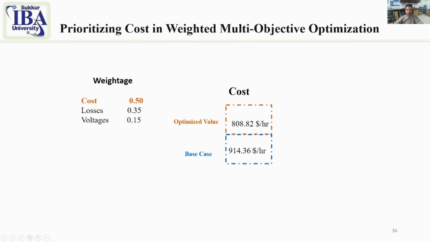So this cost is much more reduced than the previous cases. You can compare here, 808 is comparatively less than the base case, also the previous case, because here we give more weightage to the cost.